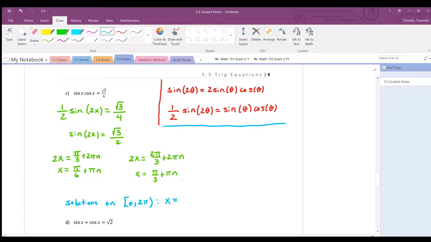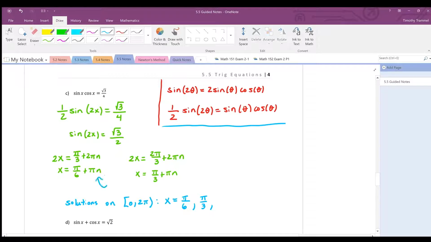Let's start off with maybe 0. Okay. If we were to plug in 0 for n, we'd get pi over 6. And if we plug in n equals 0 here, we'll get pi over 3. Now let's think about moving up to n equals 1, right? We've plugged in n equals 0 so far.